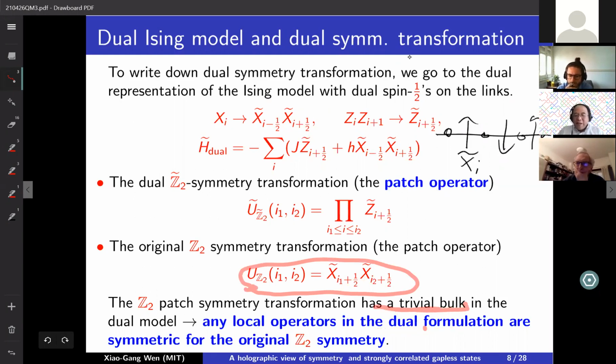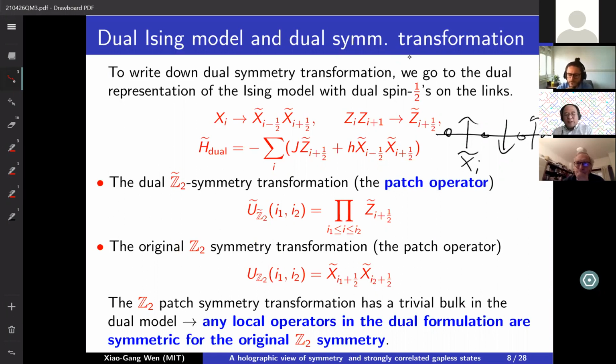Any local operator in the dual model is allowed by the original Z2 symmetry. So this is the explicit representation of these two symmetries.